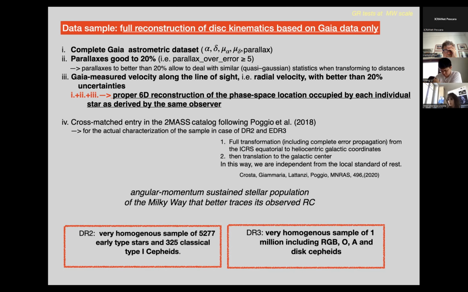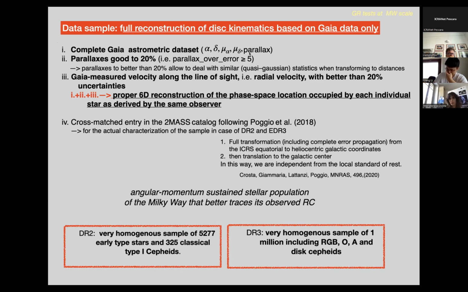So we selected the best sample with DR2 first. Now we are doing the same selection with Gaia DR3. This is a sample of stars that came only from Gaia data in order to have a very homogeneous sample. Our selection is constrained by a strict requirement: the parallax has to be good to 20%.